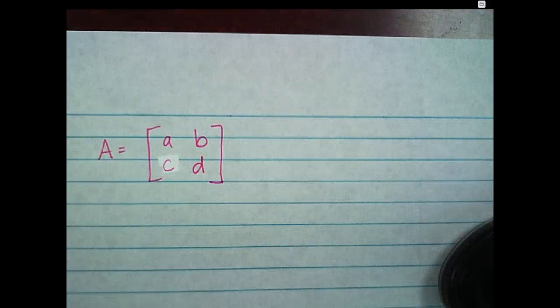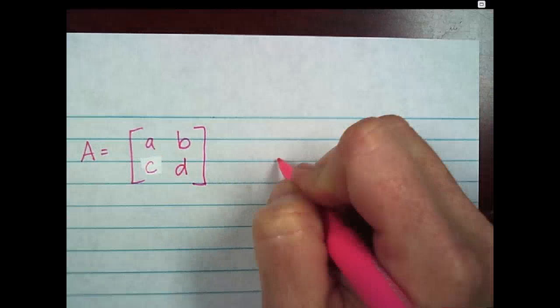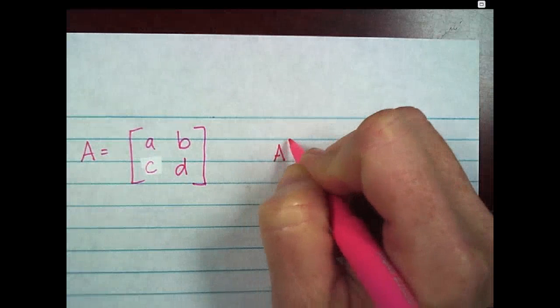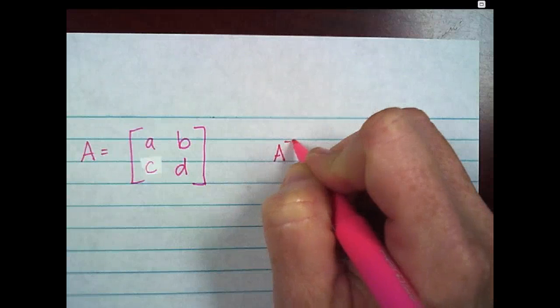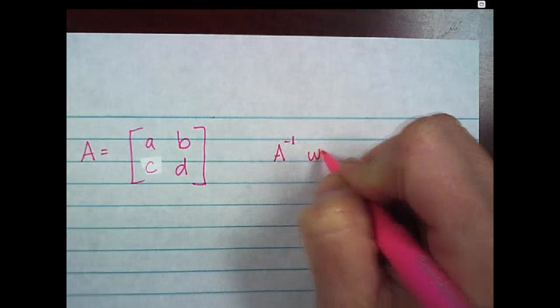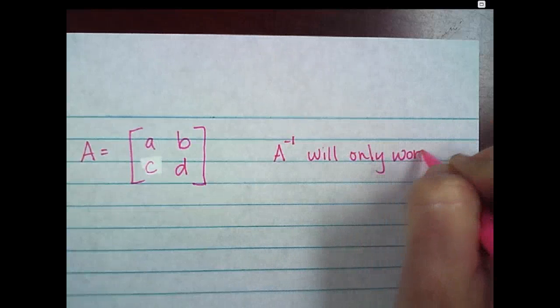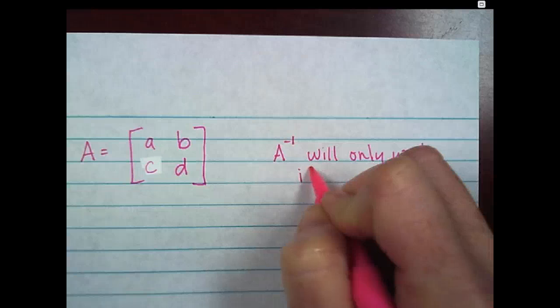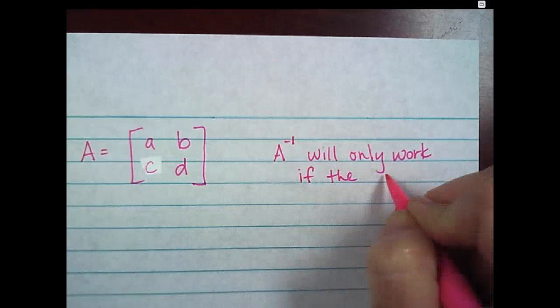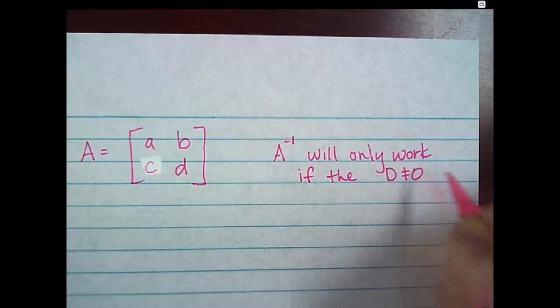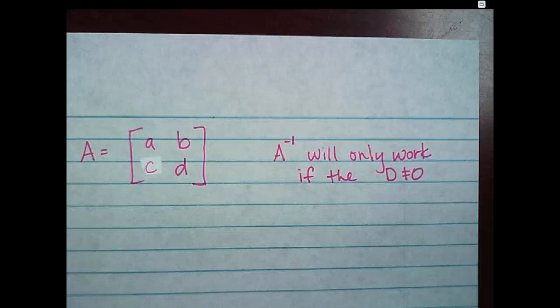It will only have an inverse, which we call A to the negative 1, if the determinant doesn't equal 0. So we cannot have a 0 determinant. Right? Does that make sense?